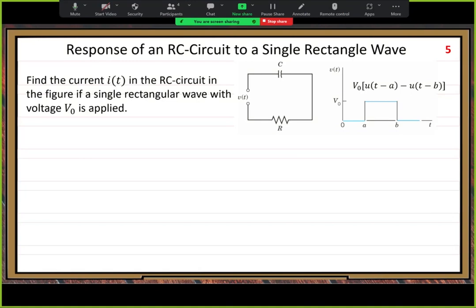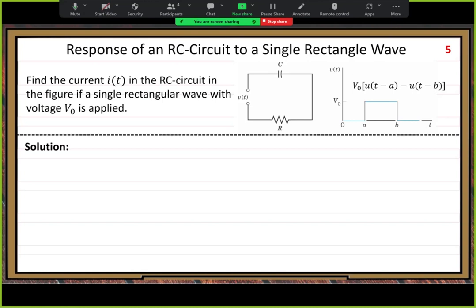That difference, because after b it cancels out, or is 0. Before a, 0. Between, the value comes from the first term, 0 from the second. So that's this shape. All right. Now we can write the ODE.